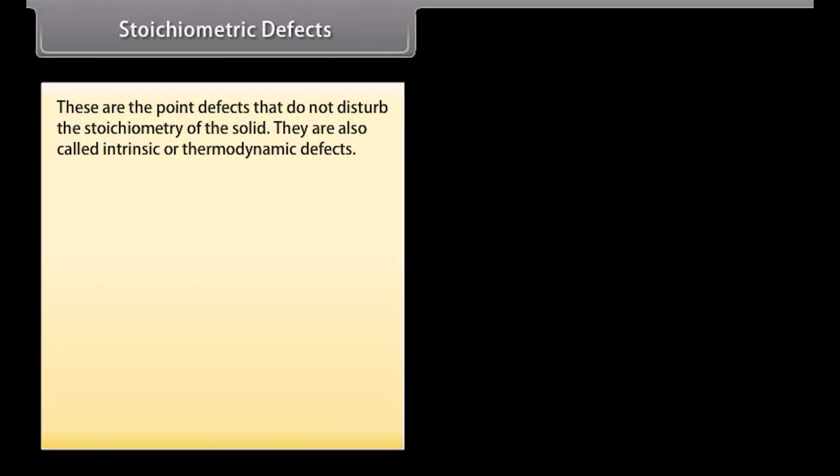Stoichiometric defects are point defects that do not disturb the stoichiometry of the solid. They are also called intrinsic or thermodynamic defects. These are of two types: vacancy defects and interstitial defects. 1.